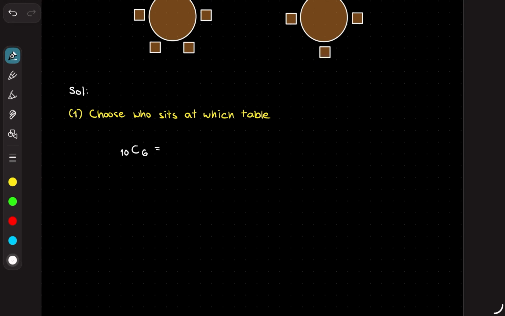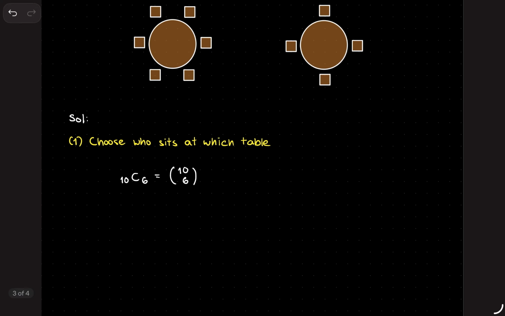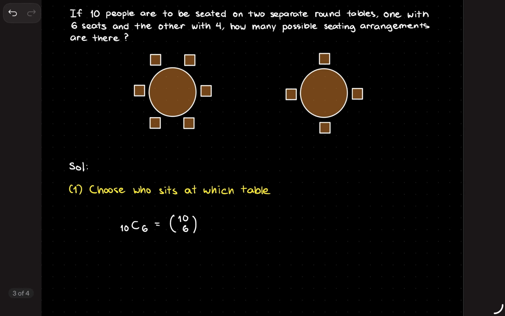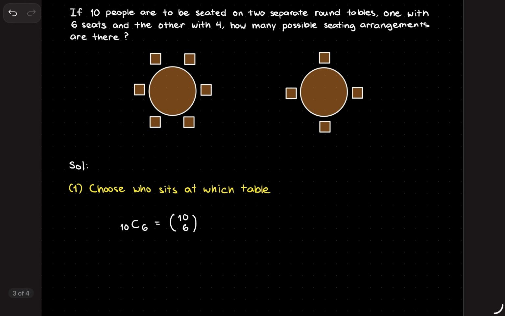So this is given by the formula 10 choose 6. Note that recall that in combination formula, this one is just equal as well to 10 choose 4, which makes sense if we reframe the problem and instead decide how many ways we can choose 4 people out of the 10.